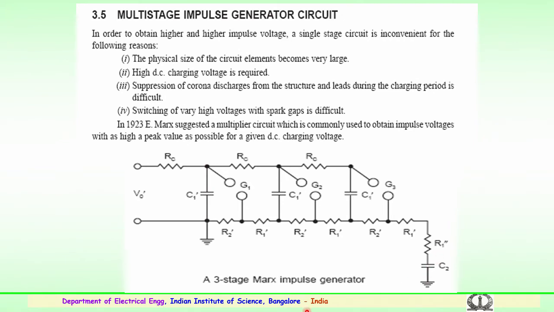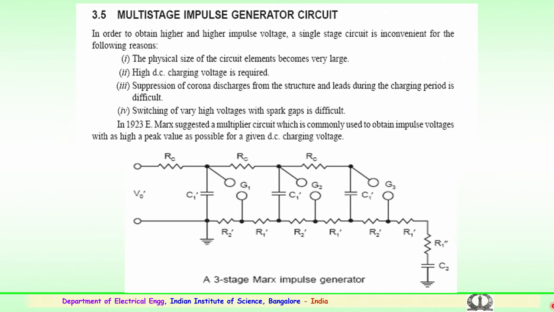So, this is a simple mechanism followed for the generation of very high voltages, which is used for the measurement and application of very large voltages. Again, R1 and R1 dash are helpful for the waveform requirements.